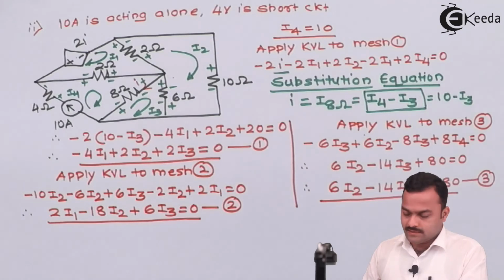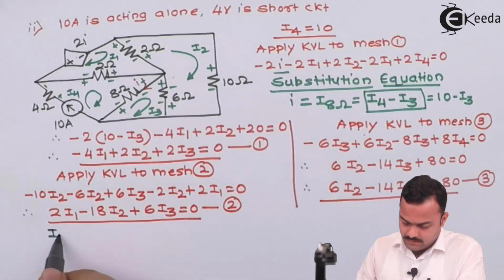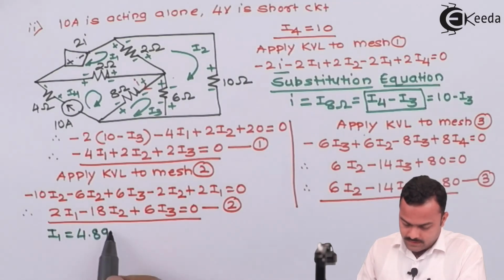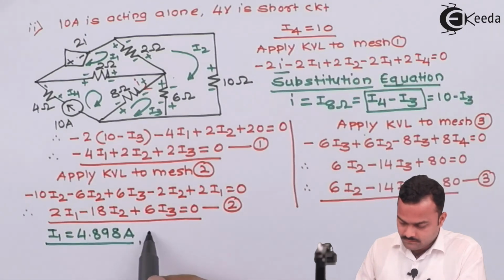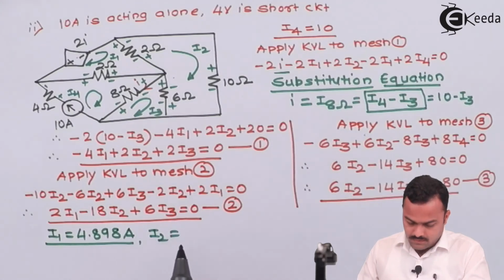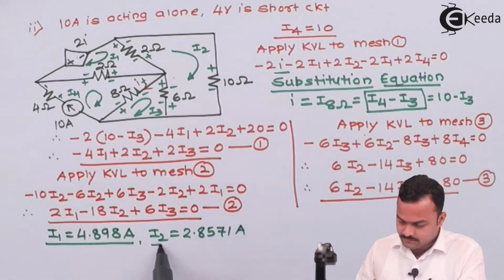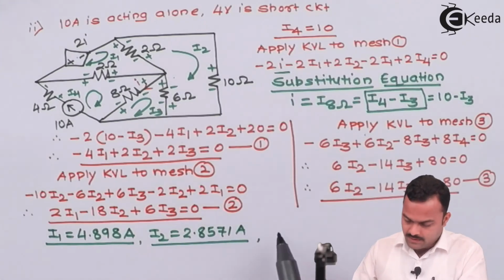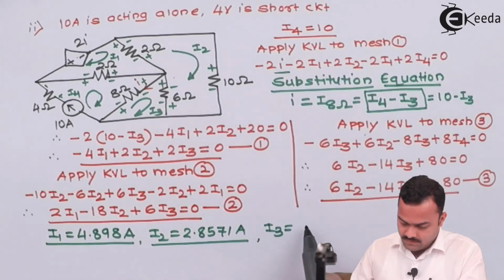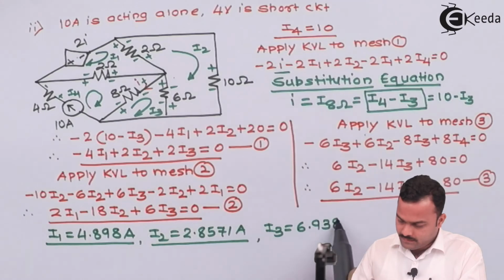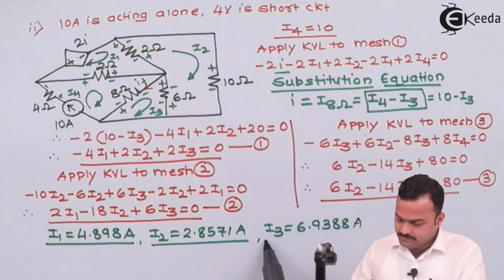So upon solving this, we will get the values of I1, I2, I3 as I1 as 4.898 ampere, I2 as 2.8571 ampere, and I3 as 6.9388 ampere.